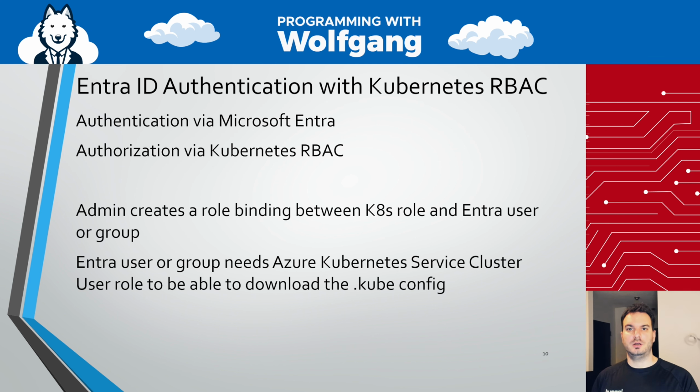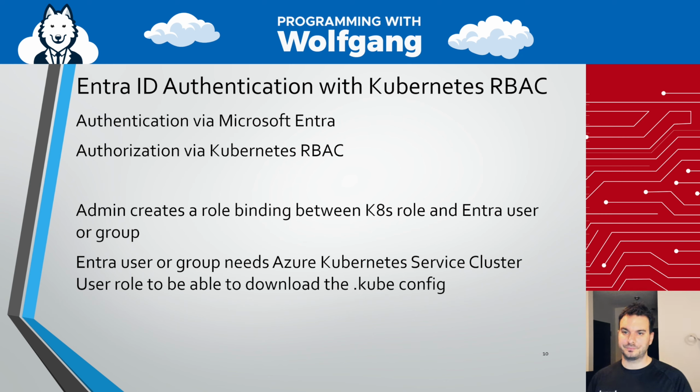The administrator of our Kubernetes cluster can configure the role binding between a Kubernetes role and the Entra user, and then the Kubernetes admin also has to give the Azure Kubernetes Service cluster user role to the group or the user that should access the cluster.